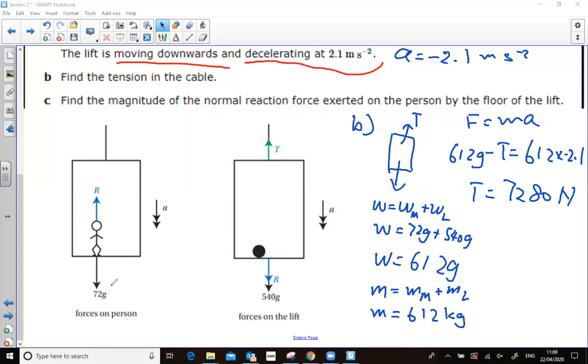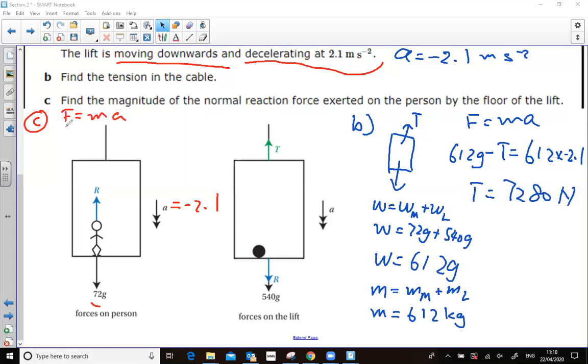Let's consider this first diagram here. So we're looking for R. Now, do we know a? Yes, we know a. We say a is negative 2.1. Then we know this. So actually, we don't need to use tension. We can work it out straight away using F equals ma.